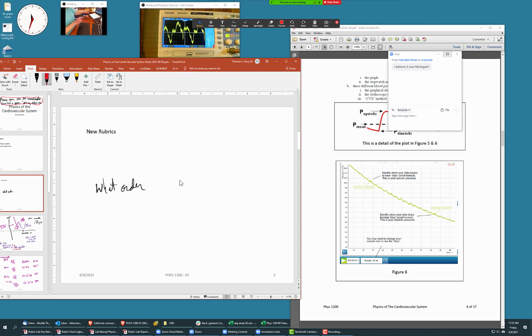I wanted to just go back over what was going on there. We took blood pressure in a sort of unconventional way, because we had the leaky cuff.